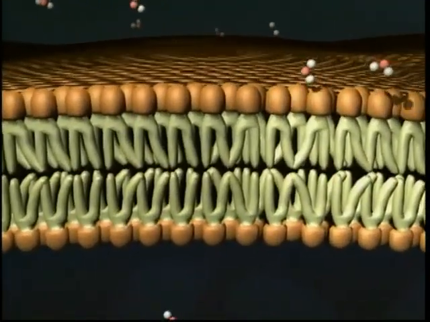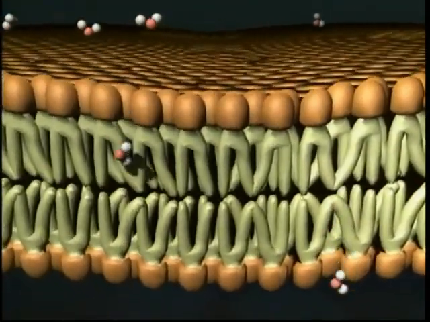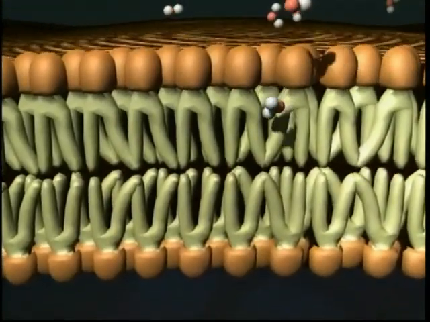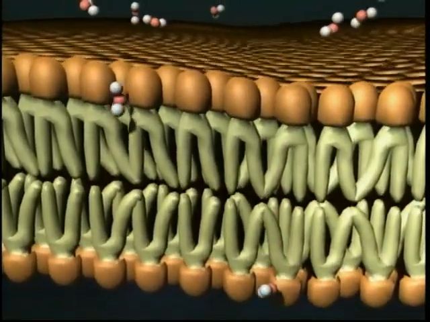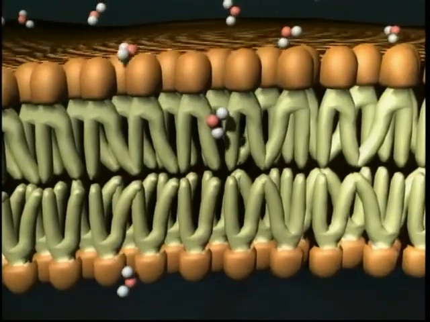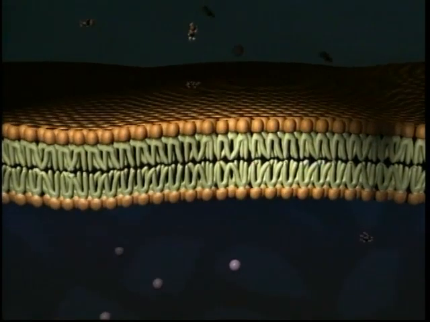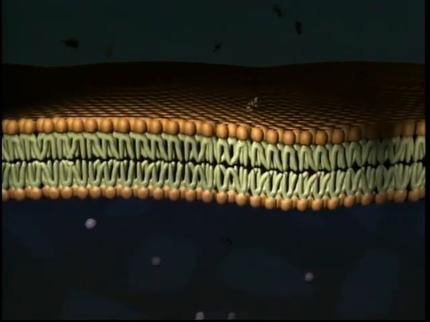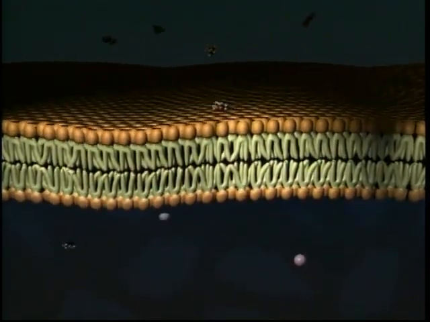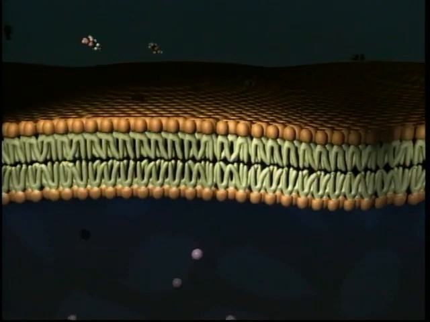Smaller molecules can move directly through the membrane as they travel from a higher concentration to a lower one. But larger molecules and ions can't slip through the membrane. Lucky for us and life itself, the cell can transport these materials in other ways.